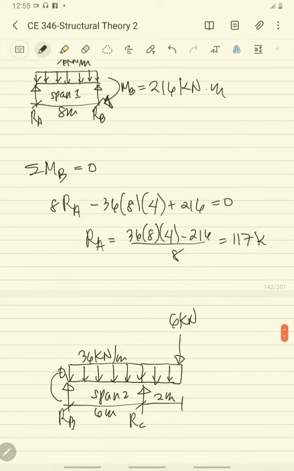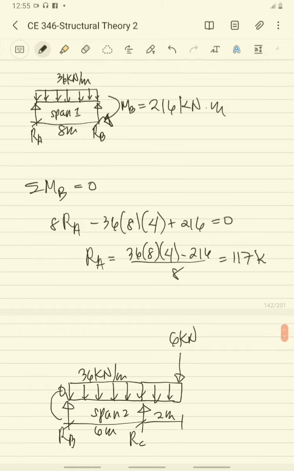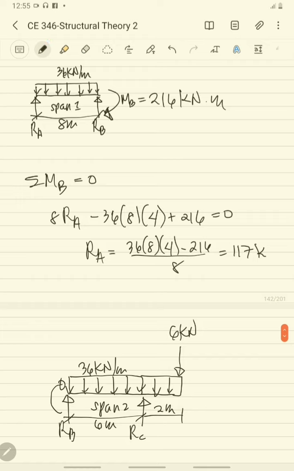Since our moment at B is in the clockwise direction for the left of support B, here we also have to change the direction of our moment at B. So this is equal to 216 kilonewton meter. So that is the opposite.